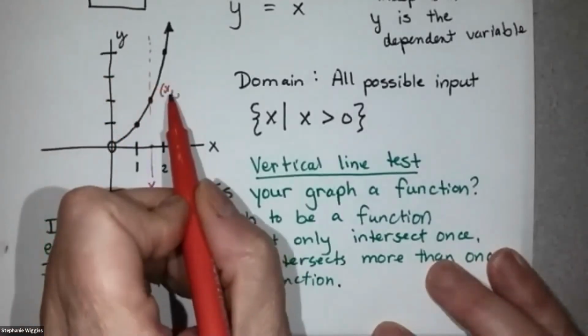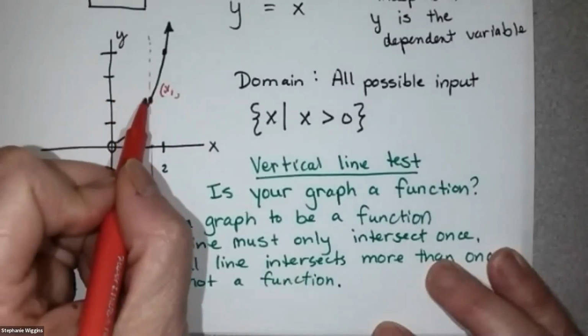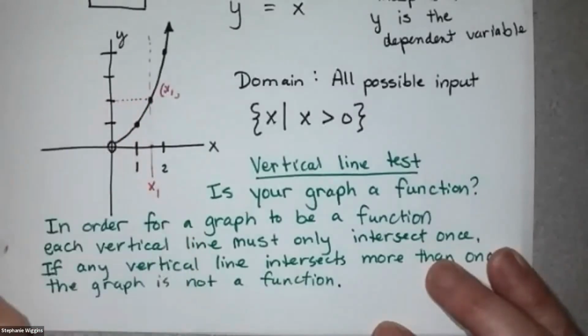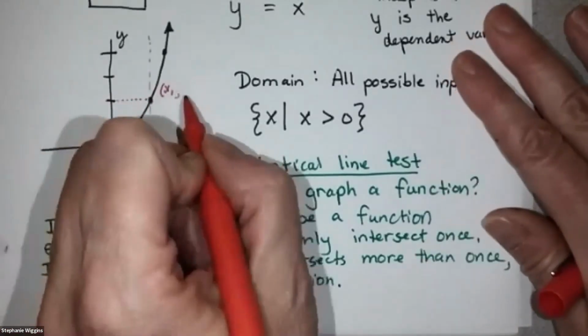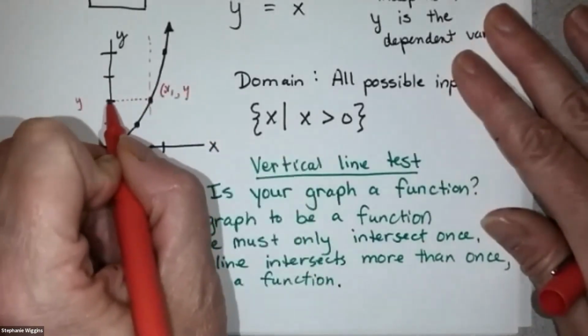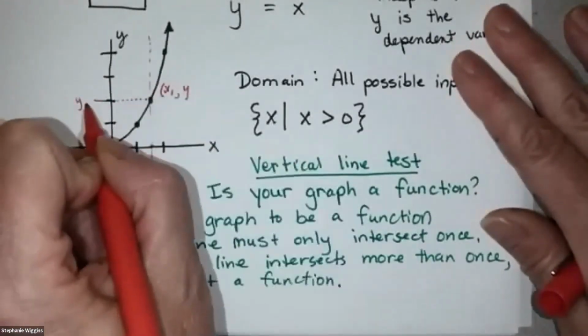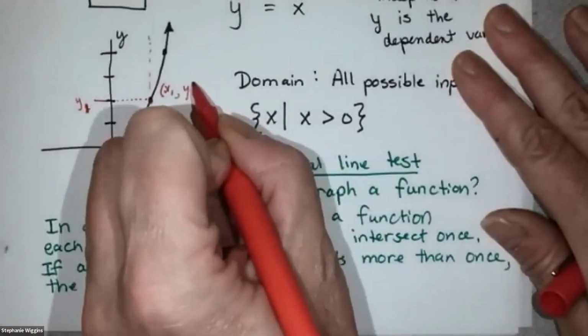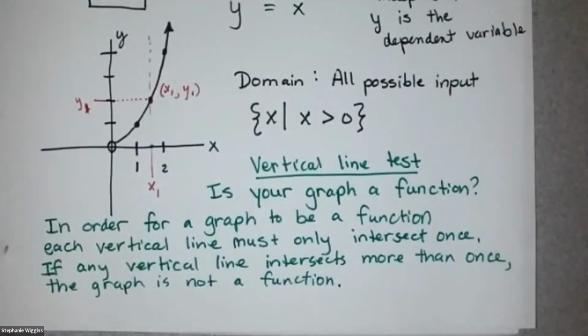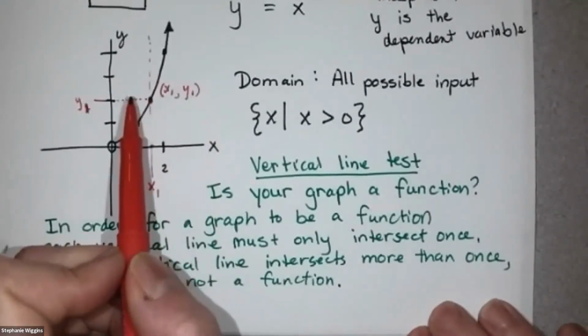If you want to find the y value that goes with that x, you would extend it over to the graph. And then that would be your x1, y1. Okay, so for every x, there's exactly one y.